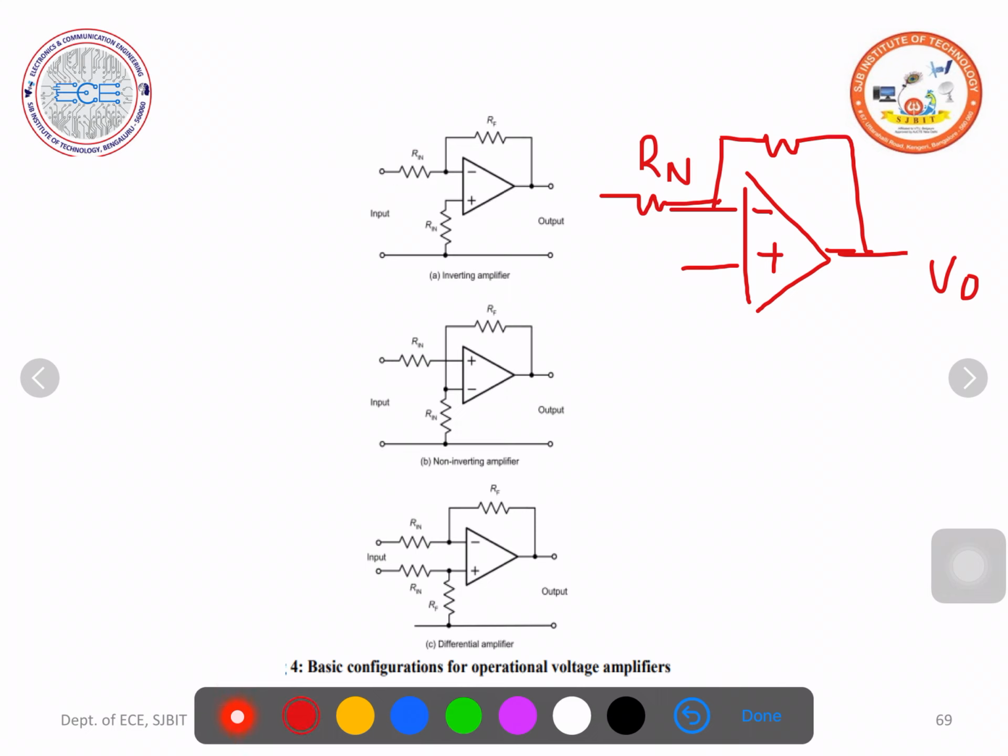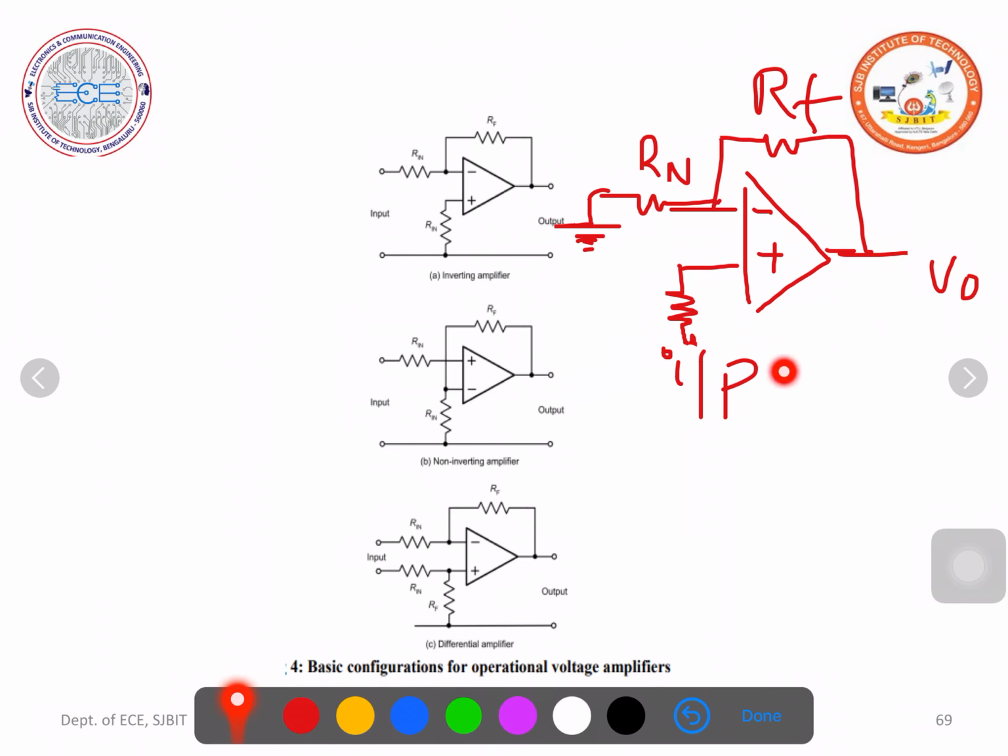Now for the non-inverting amplifier, ground this, but apply the input to the non-inverting terminal. So this circuit is the same as the earlier circuit.